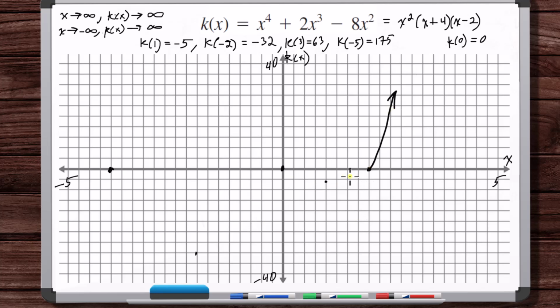And so this is an odd multiplicity x-intercept. We're crossing through here. And, okay, well, this is even multiplicity. Yeah, it seems like the middle point might not be the minimum point. It just depends.